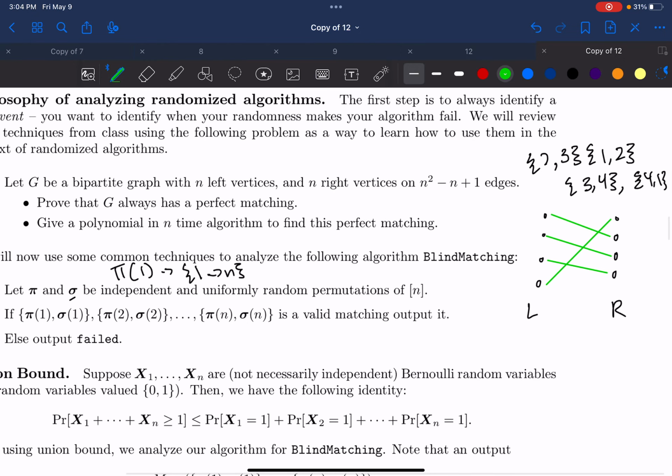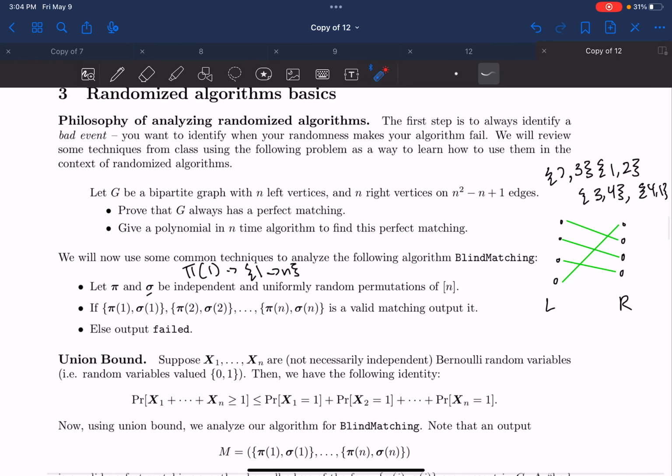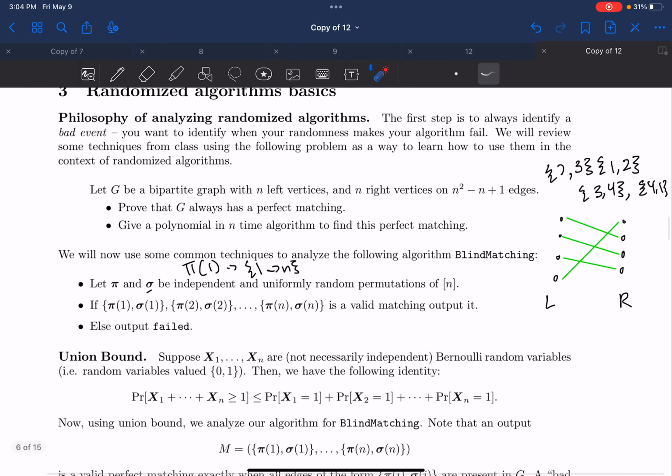Essentially, the output just gives pairs of vertices. If the edge is there, then it's an edge that we can include in our matching, but obviously if the edge is not there, then we can't include it. So that is an instance where this algorithm would fail, and that's what this else statement is referring to.